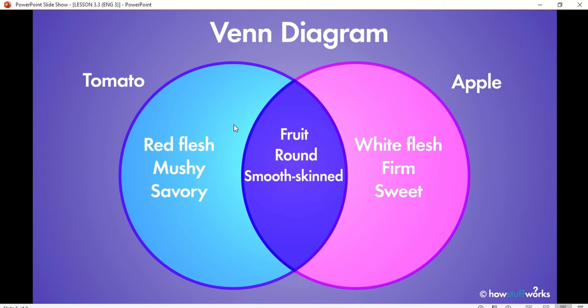You write their differences on the sides, and in the intersection, you write their commonalities. They are both fruit, they're both round, and they are both smooth-skinned. So in this case, the Venn diagram is the best diagram for similarities and differences, or comparison and contrast.